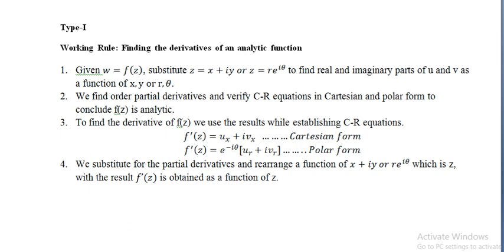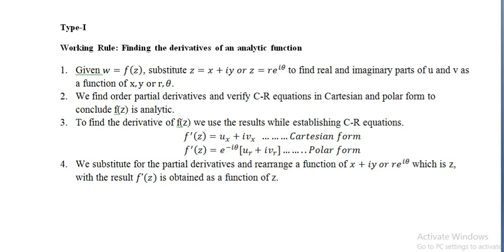If it is polar form, then put z equal to r e to the power i theta, and find the real and imaginary parts u and v as a function of x, y or r and theta.